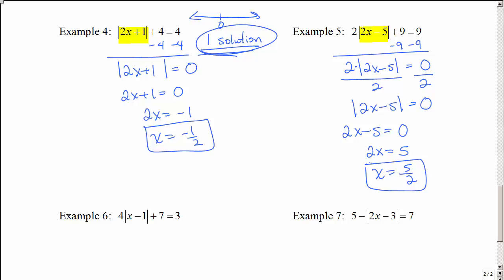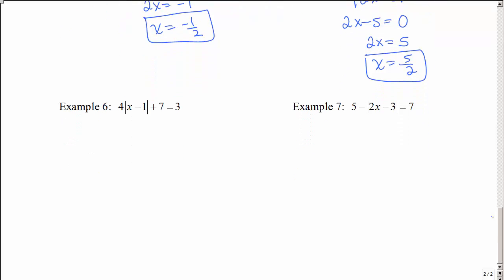So isolate that absolute value and then analyze. Are you equal to a positive number? You're going to get two solutions. Equal to 0, you're going to get one solution. What was that other possibility? Equal to something negative? Maybe that's what we're going to have here. We need to isolate that absolute value. So I have 4x minus 1. Oops, well, what am I doing? I'm subtracting 7.